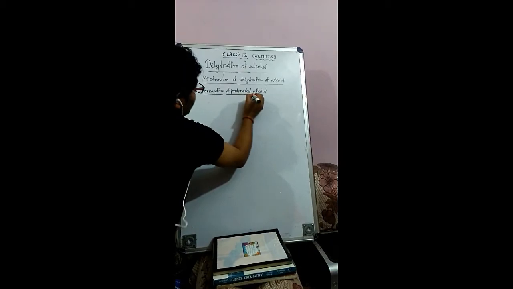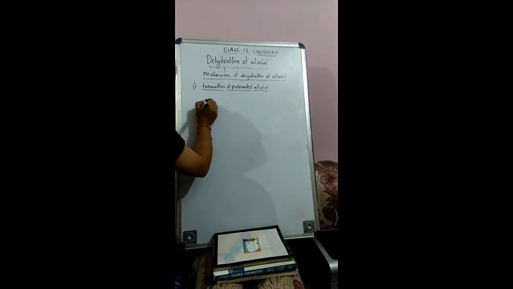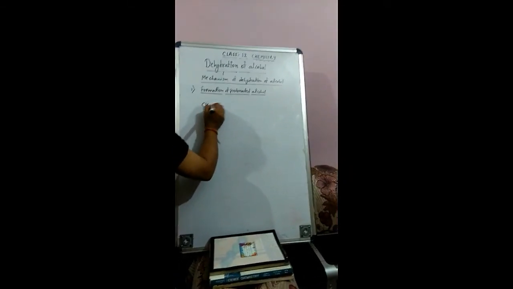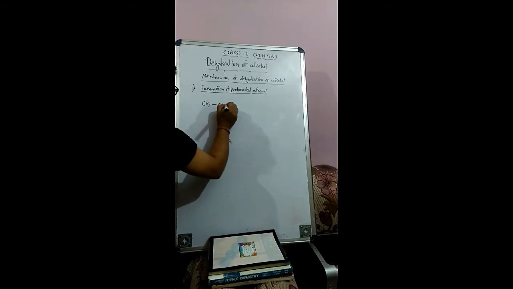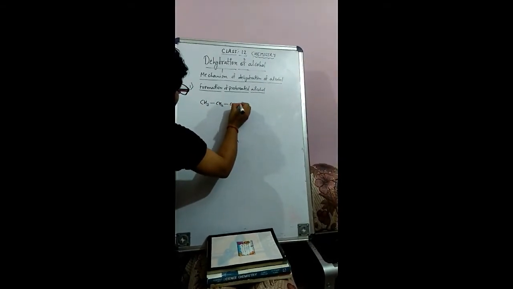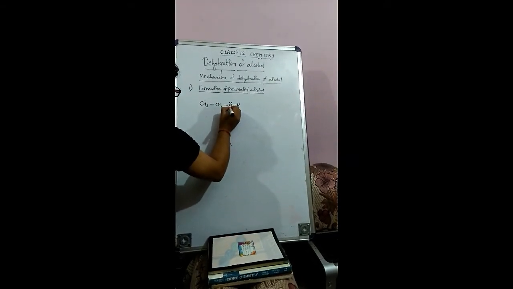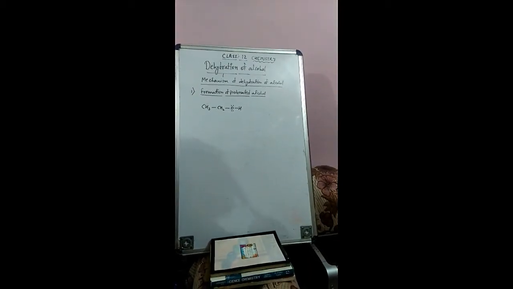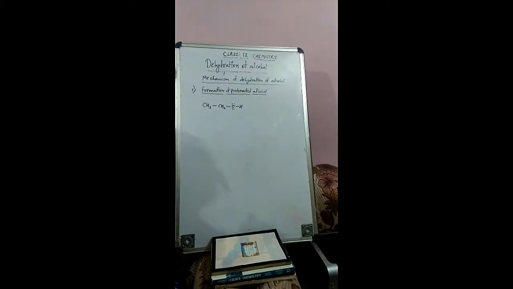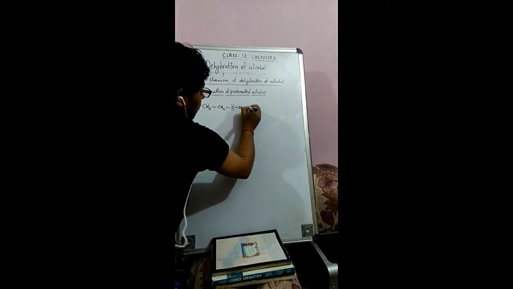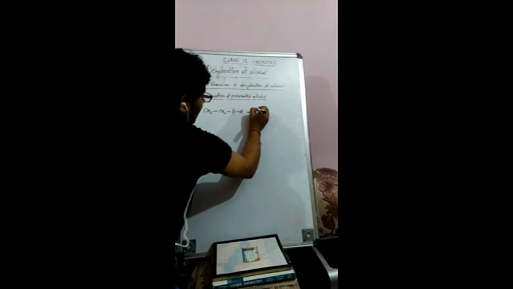Now, for the alcohol molecule, I can write ethyl alcohol: CH3-CH2-O-H. Oxygen has two lone pairs. The reaction is carried out in the presence of acid, so from the acid one hydrogen ion is available here.